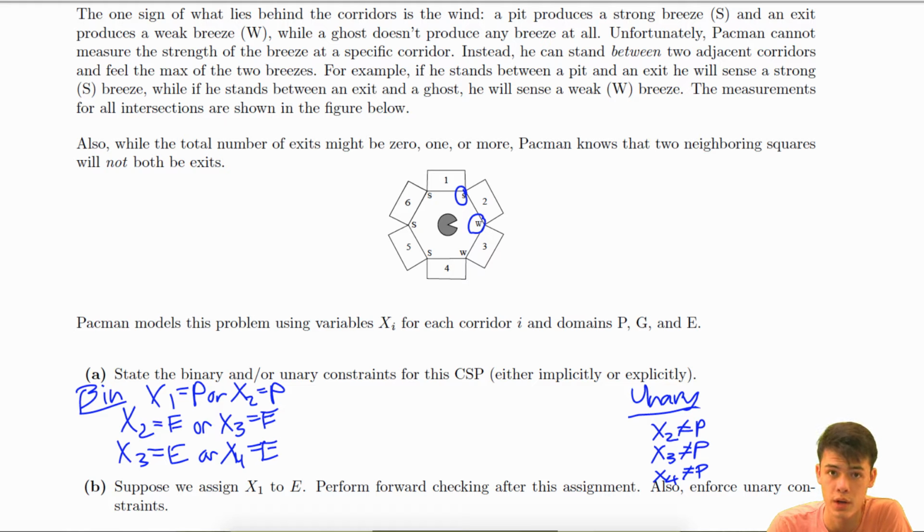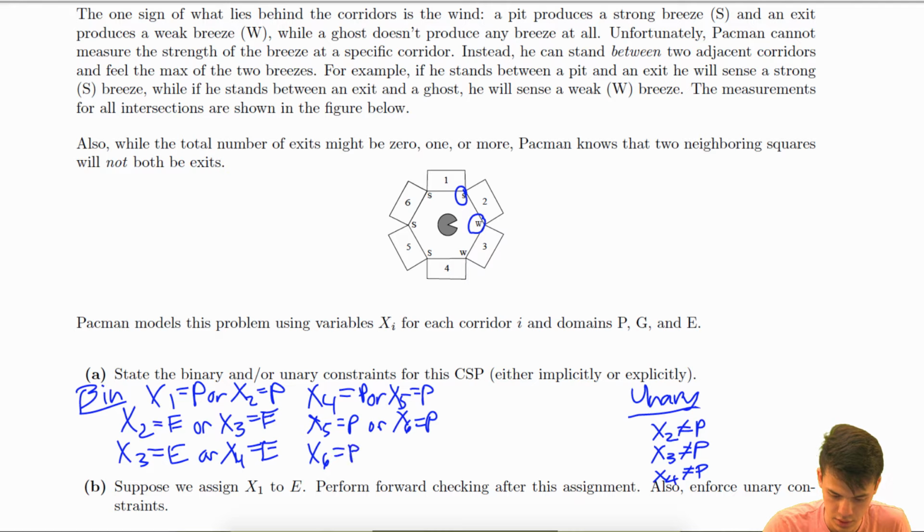Moving on clockwise again, between 4 and 5 we have a strong breeze, so we can say x4 is a pit, or x5 is a pit. 5 and 6, you get the same deal. x5 is a pit, or x6 is a pit. And between 6 and 1, same thing. x6 is a pit, or x1 is a pit.